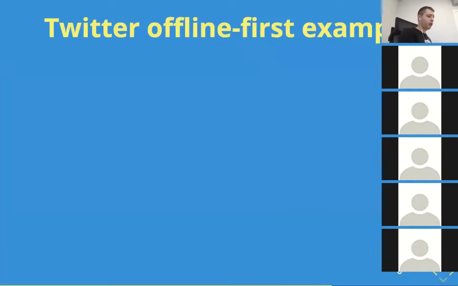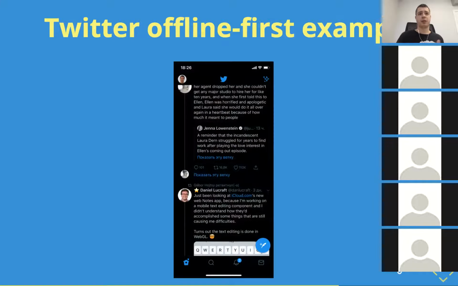Let me give you an example of how Twitter uses this offline first approach. You might have seen that if you use Twitter on your phone or tablet, when you open the Twitter application, the first thing that you see after a splash screen is the previous tweets you have already seen and read, right?